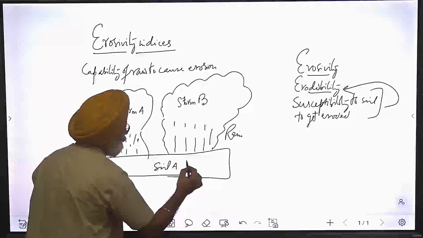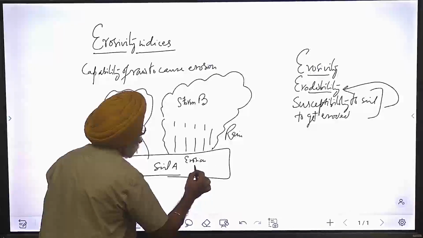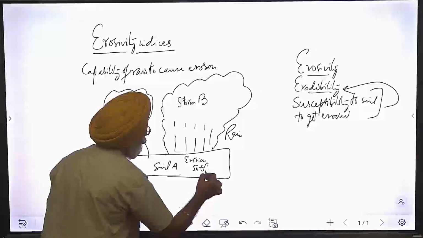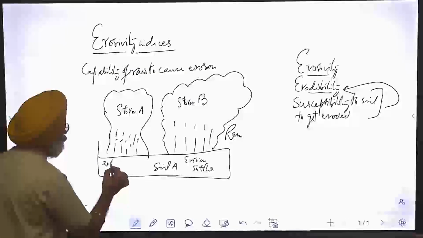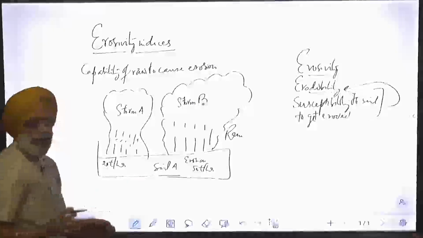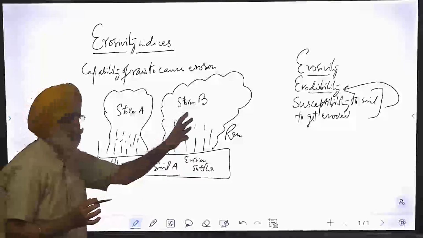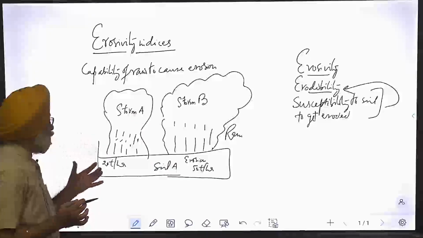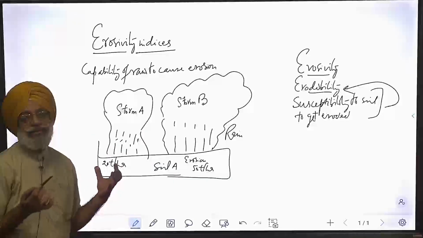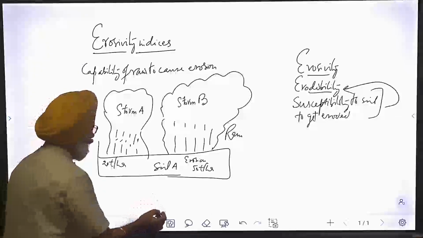In this case erosion is say 50 tons per hectare, and this storm causes erosion of 20 tons per hectare. Same soil with two different storms: one is more erosive, causing more soil erosion, and another is less erosive, causing less erosion. This is what we call erosivity indices or erosivity index.